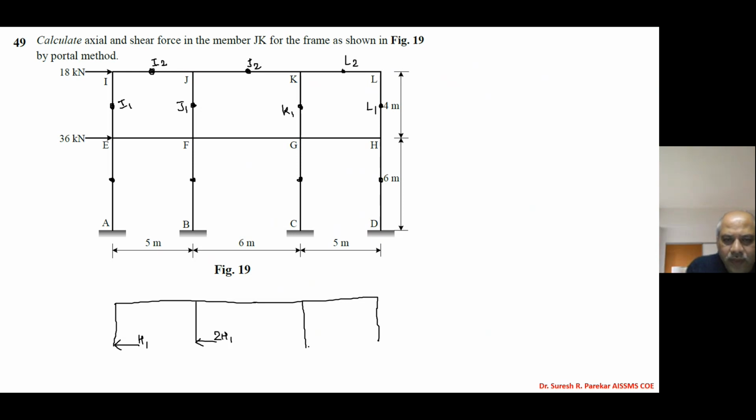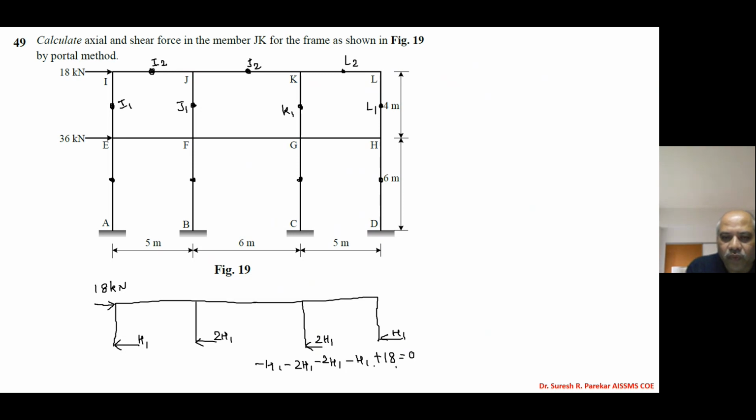So this is twice H1, this also we have 2H1, and then we have this as H1. And the force acting at I is 18 kilonewton. Now I can write minus H1 minus 2H1 minus 2H1 minus H1 plus 18 equal to 0.